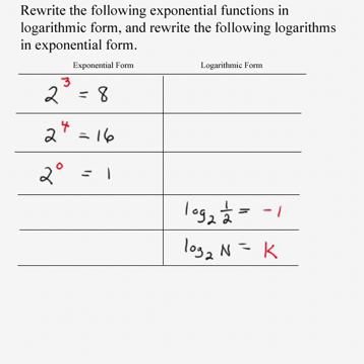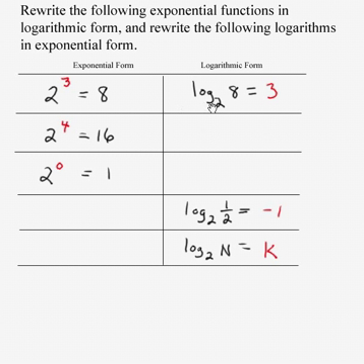We need to practice. So remember, the exponent 3 is the log of this number, and this is the base 2. So 2 to the third power equals 8, in logarithmic form, is written as the log of 8 base 2 is equal to 3. Just remember, the exponent is the log.